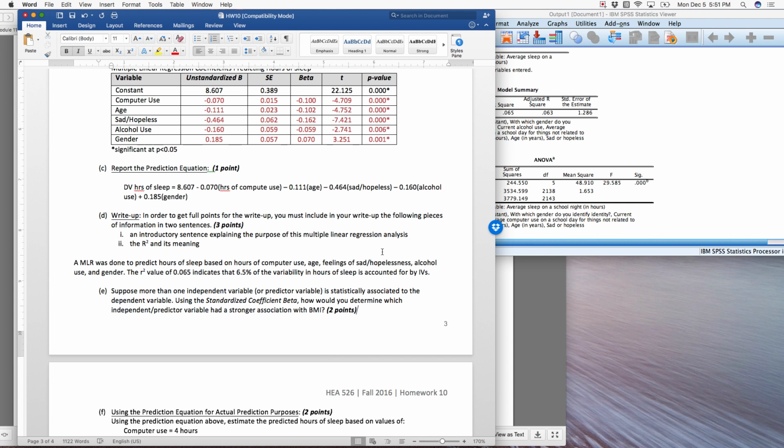So in this example, which is furthest away from 0, closest to 1? Based on this middle beta value.